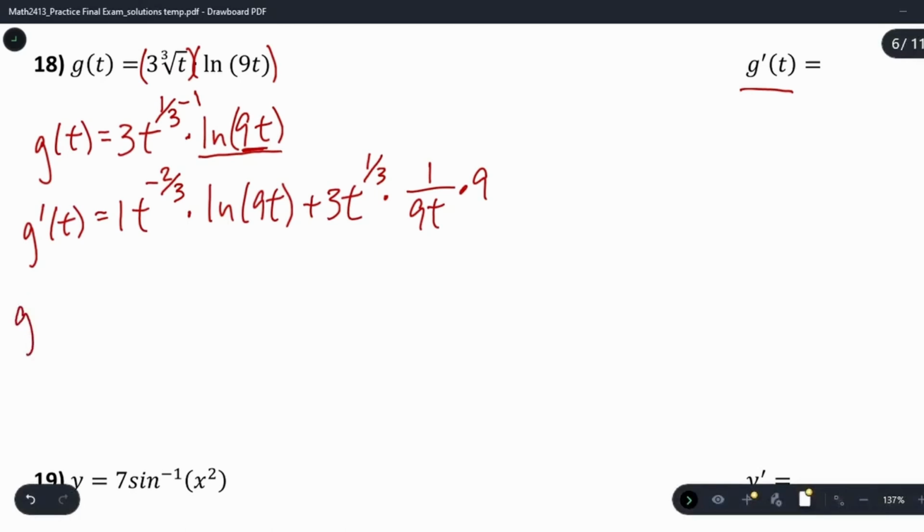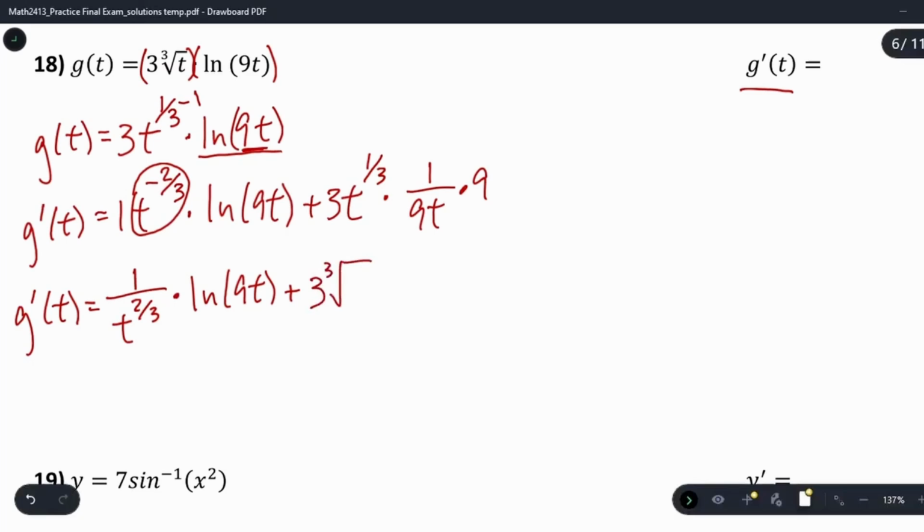And then a couple of steps of simplification are in order. Making this negative exponent positive means we're going to put it in the bottom. That's going to be 1 over t to the 2/3 times natural log of 9t plus, I'm going to put this back into radical form, 3 cube root of t, and these 9's will cancel, multiplied by 1 over t.